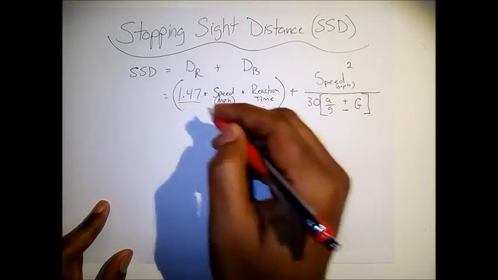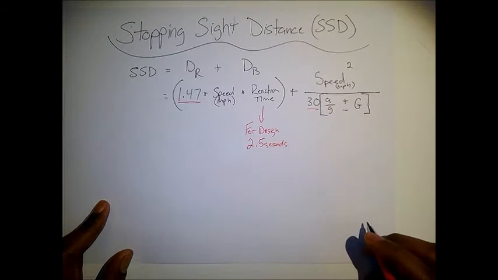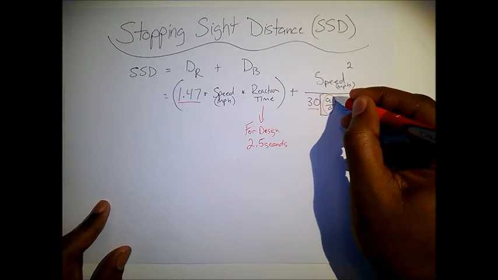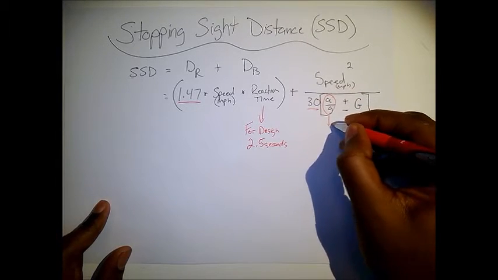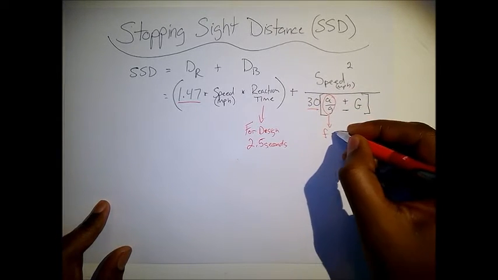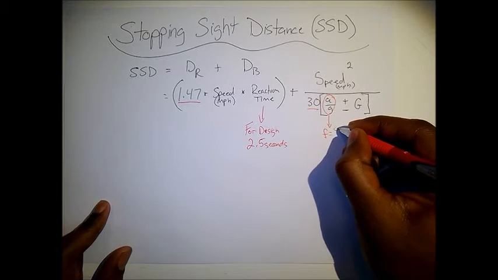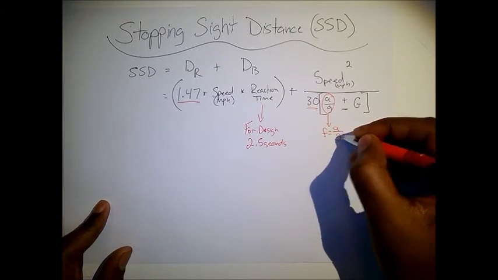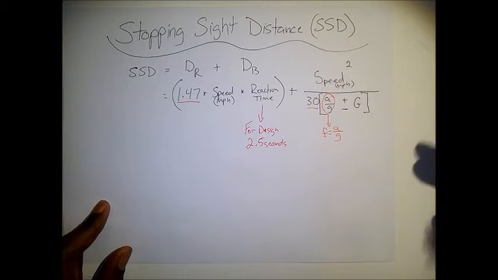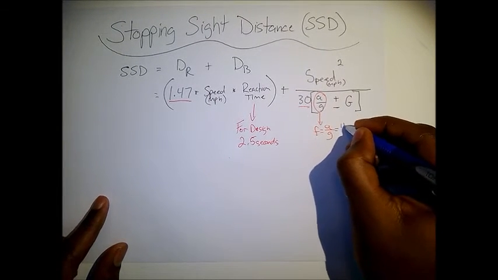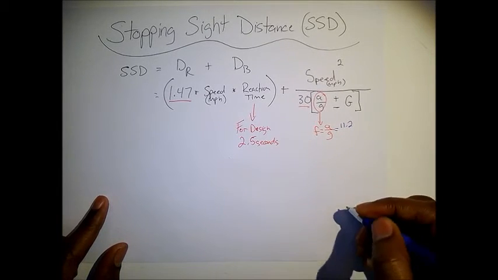This right here is just a conversion factor, from miles per hour to feet per second. And then this term right here you've heard me refer to as a friction factor, which is also equal to the deceleration rate over gravity. Now, we've talked about the deceleration rate that we assume, which is 11.2 feet per second squared.